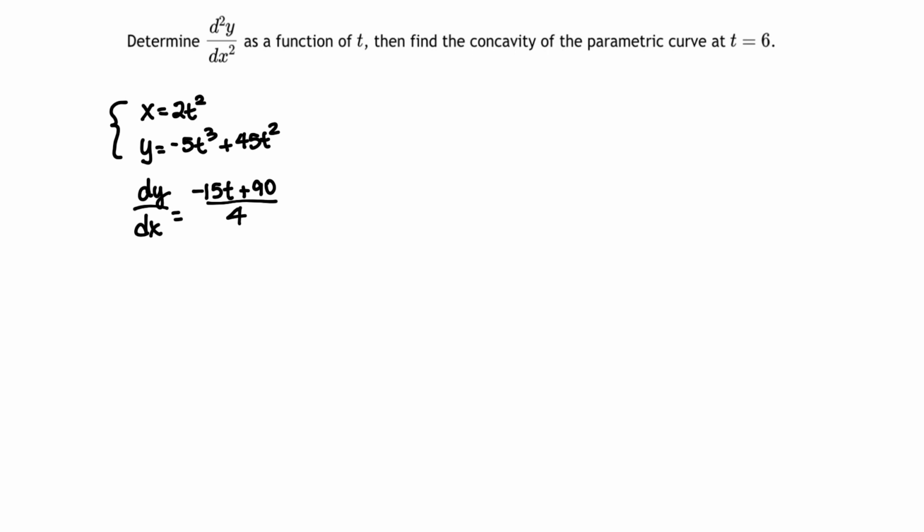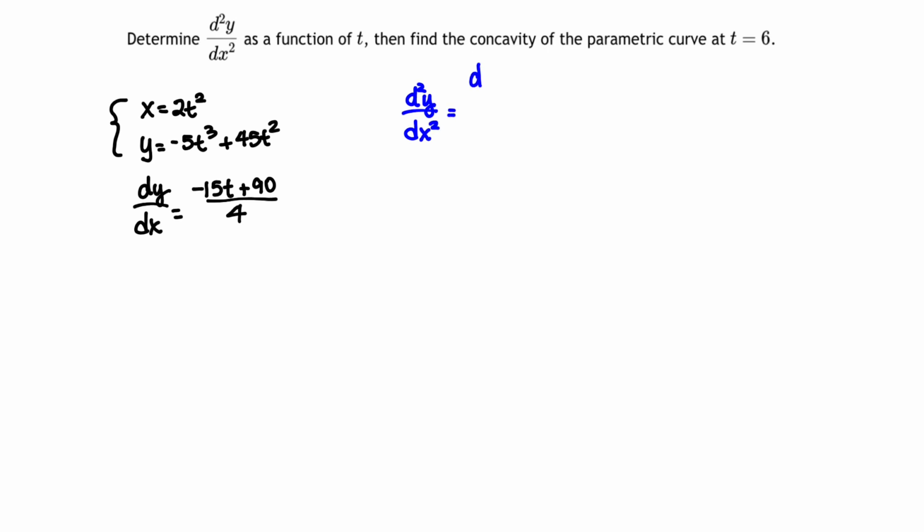In order to calculate the second derivative of y with respect to x, we want to use the formula which states we take the derivative of the first derivative with respect to t, and then we divide by dx/dt.